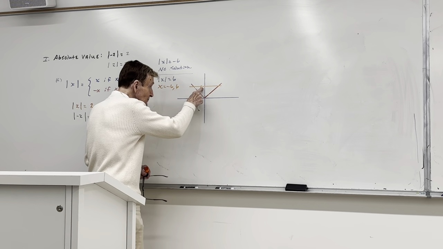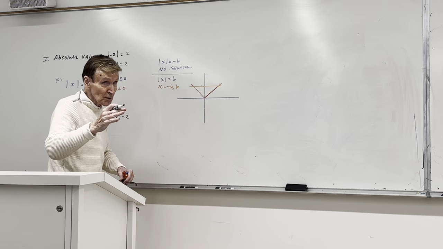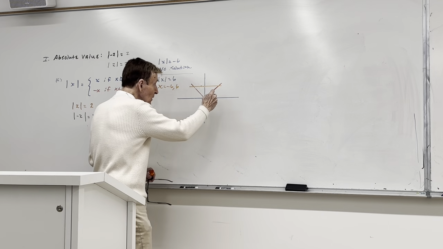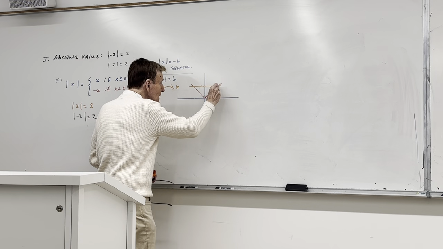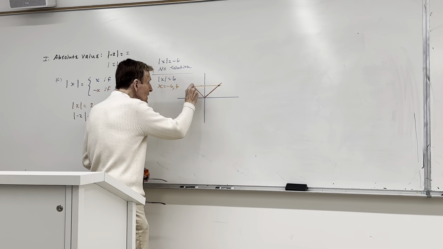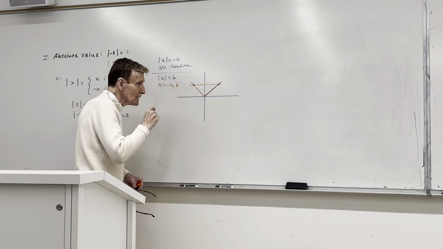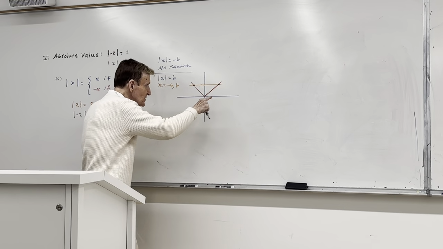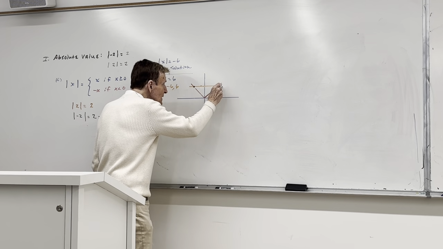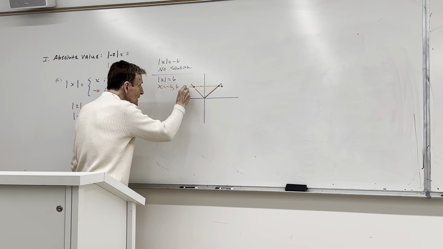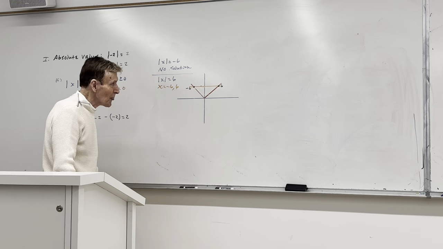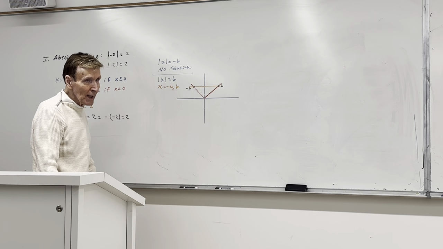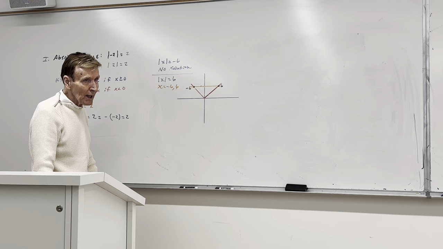Let me erase this. Now, in general, let's do this. Let's say this is a graph, and I've got an intersection point here, an intersection point here, and let's go back to the 6. This was 6 she gave me. This was -6 she gave me. We got the red absolute value graph, the V-shaped graph.